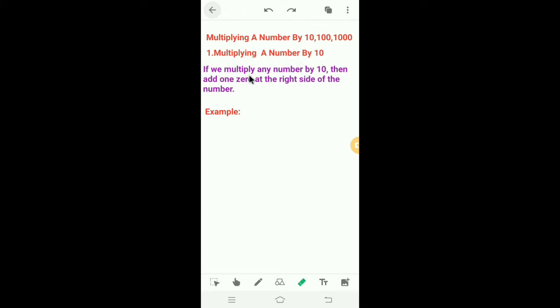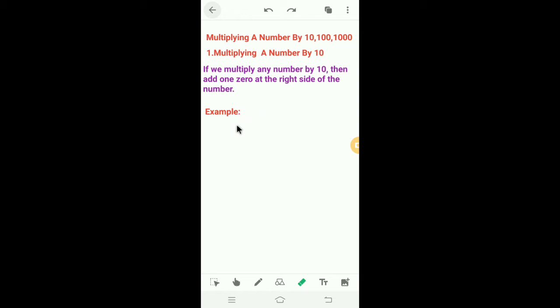If we multiply any number by 10, then add one zero at the right side of the number.